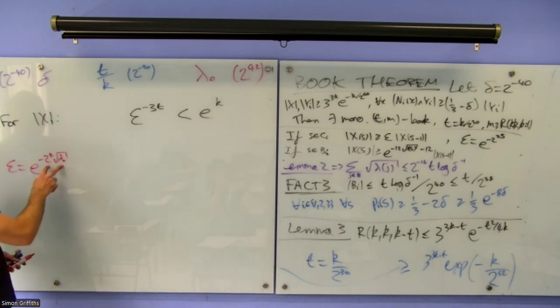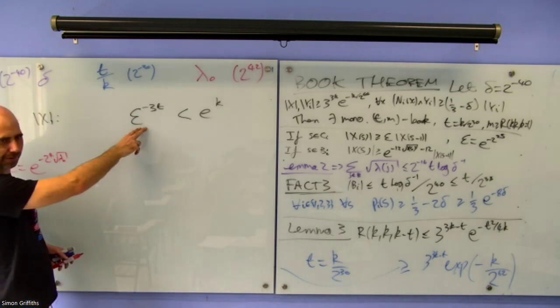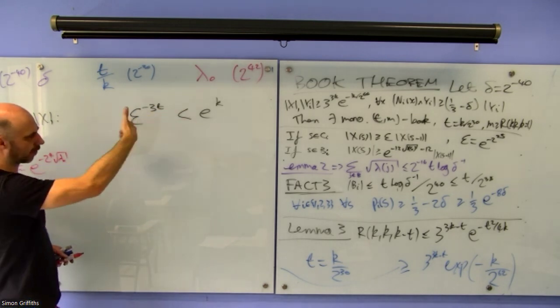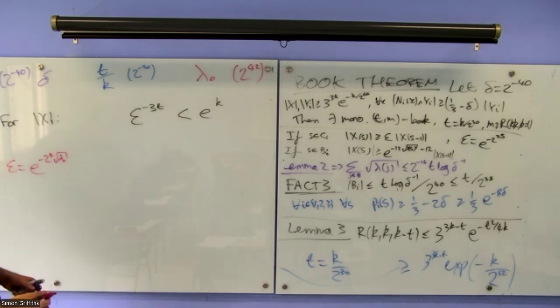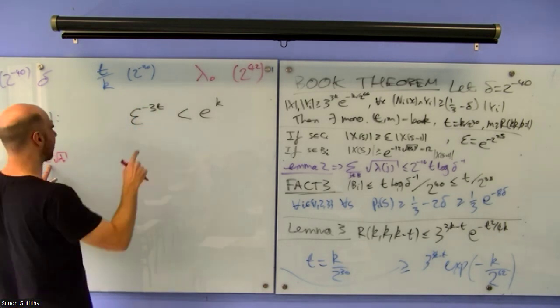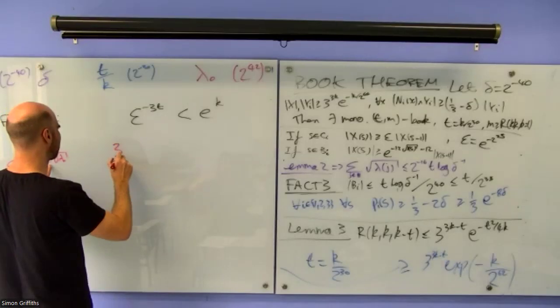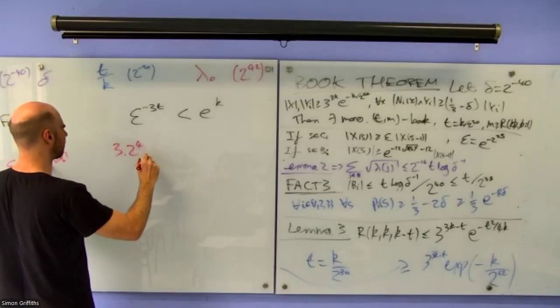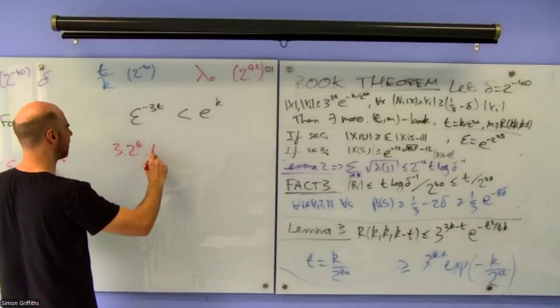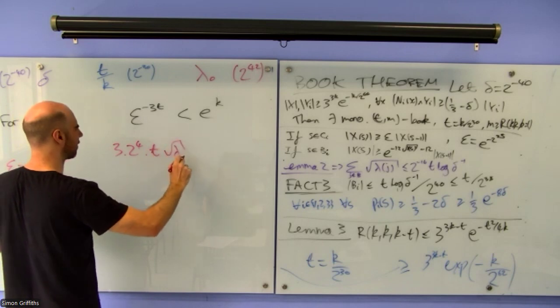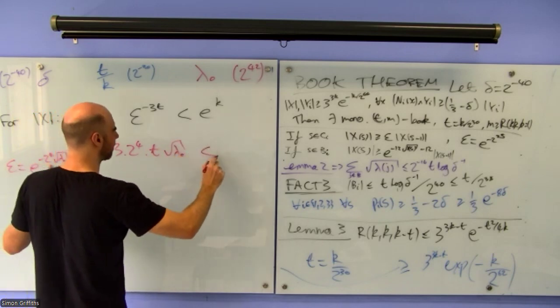So if you put that information in here, and you take logs on both sides, okay, then you're really saying 3 times 2 to the 4 times t times root lambda 0 should be less than k.